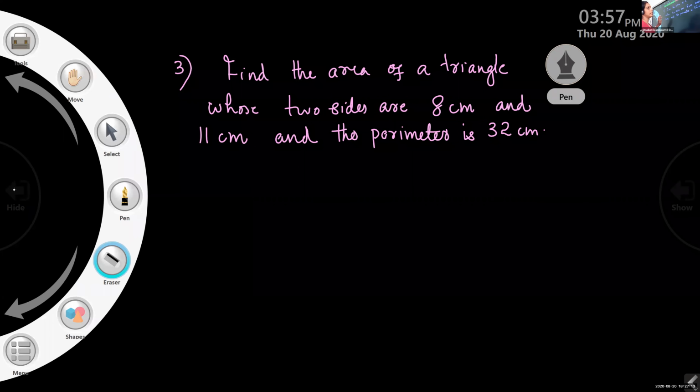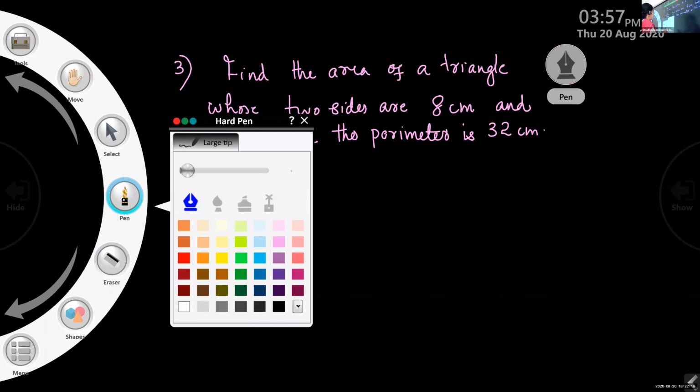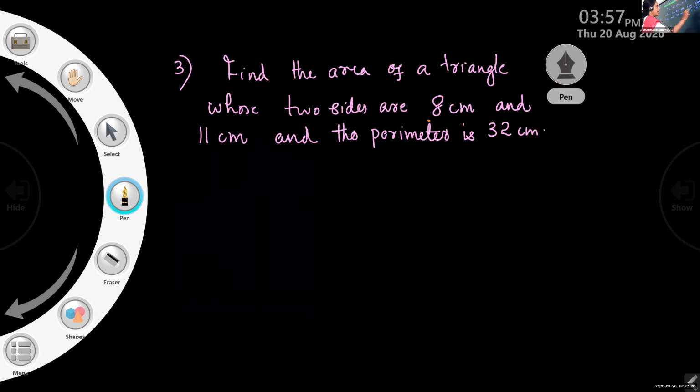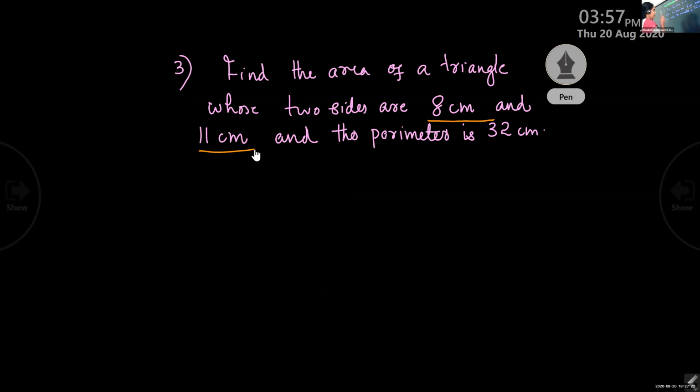See children, two sides are given here as 8 and 11. And perimeter is also given, 32.